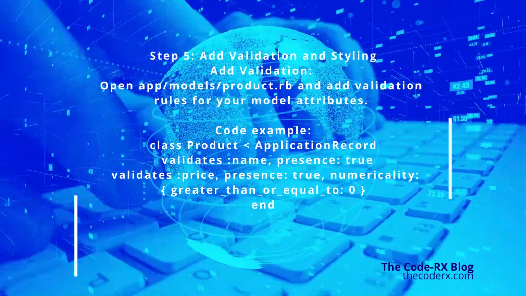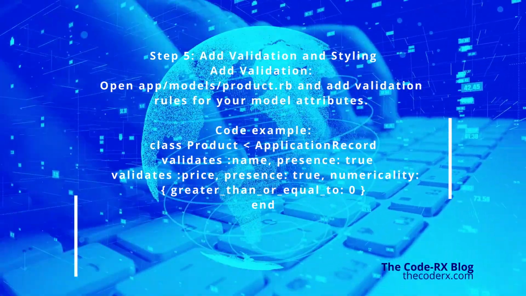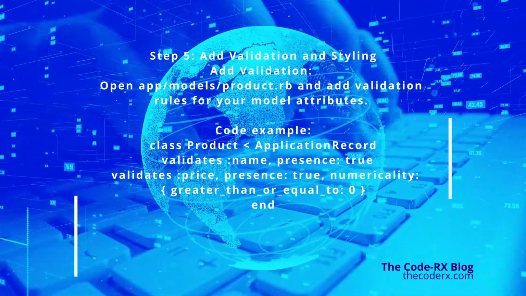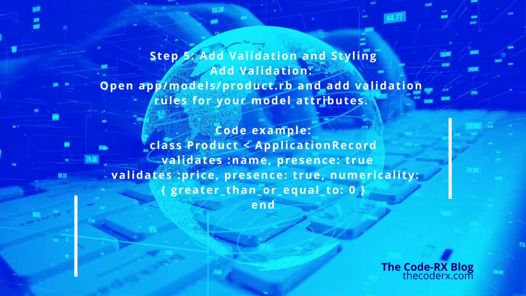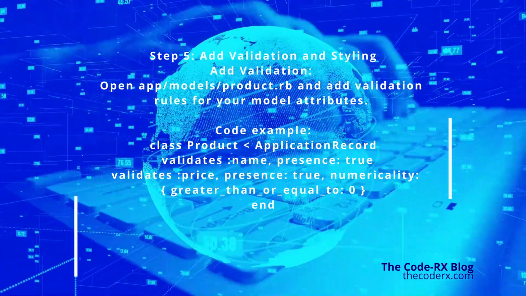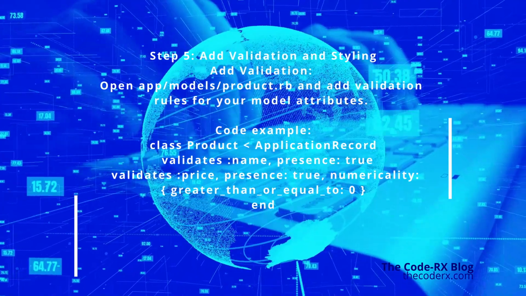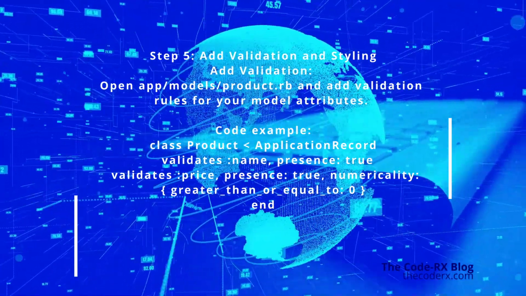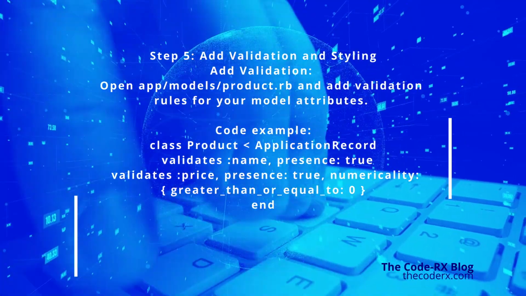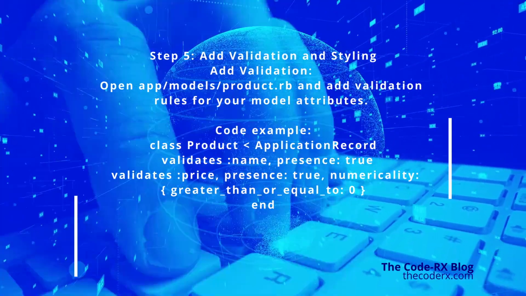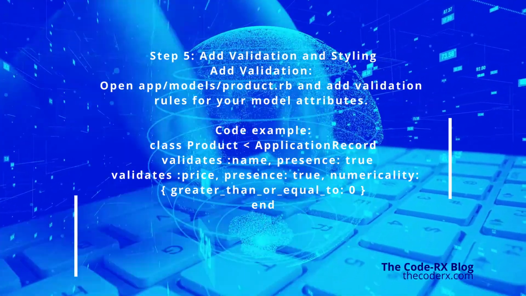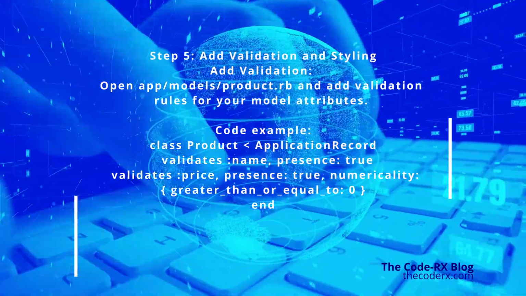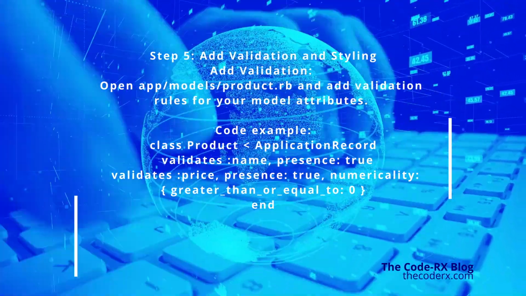Now, step 5, you want to add validation and styling. You can add validation by opening app/models/product.rb and then by adding validation rules for your model attributes. Now, this is an example of adding the model attributes validation rules and what that code would look like.